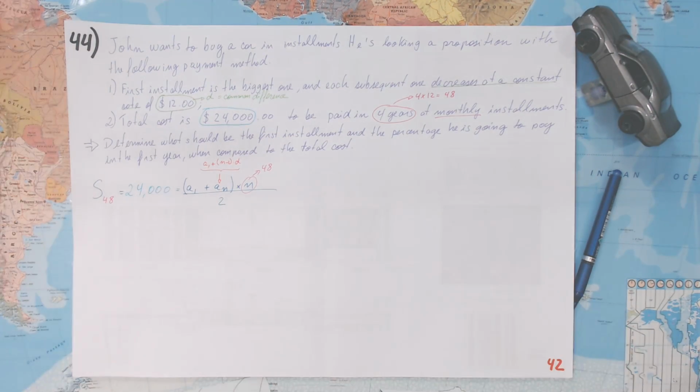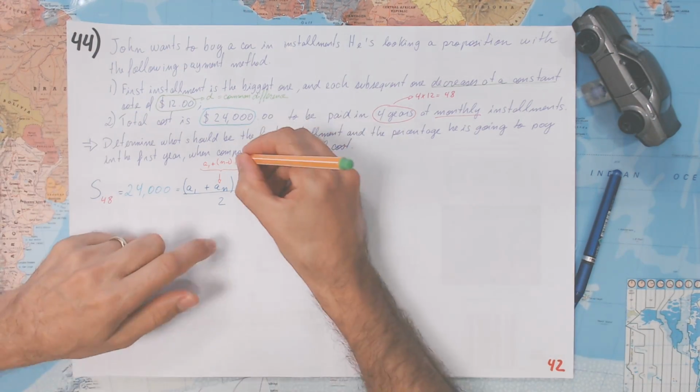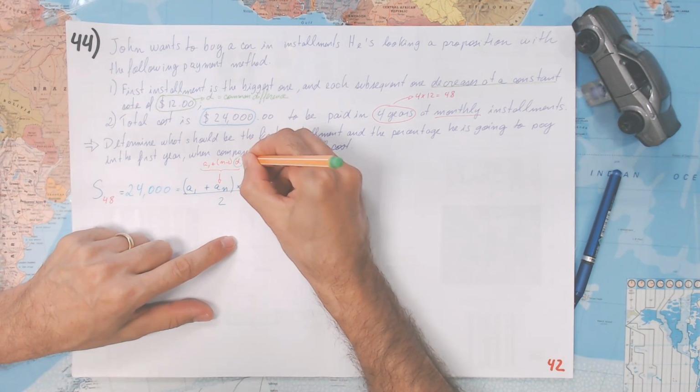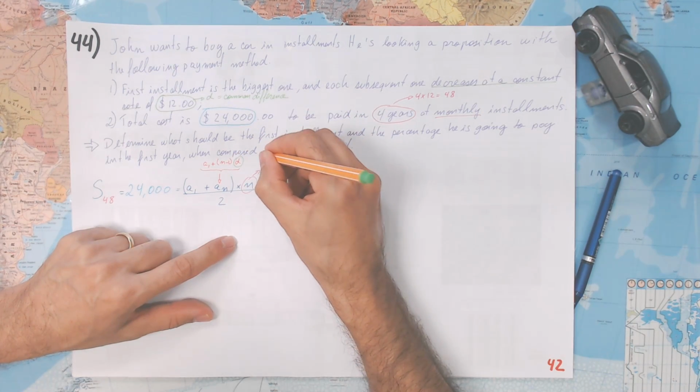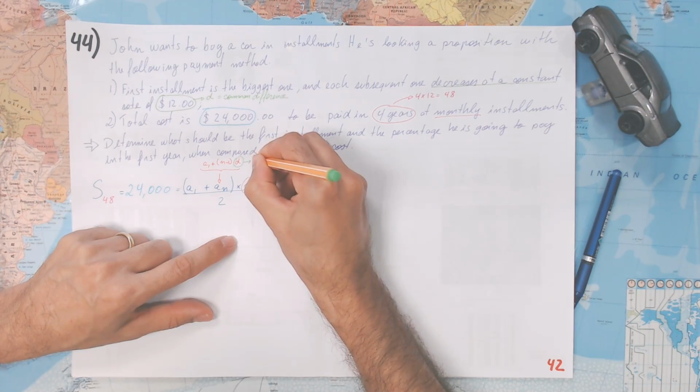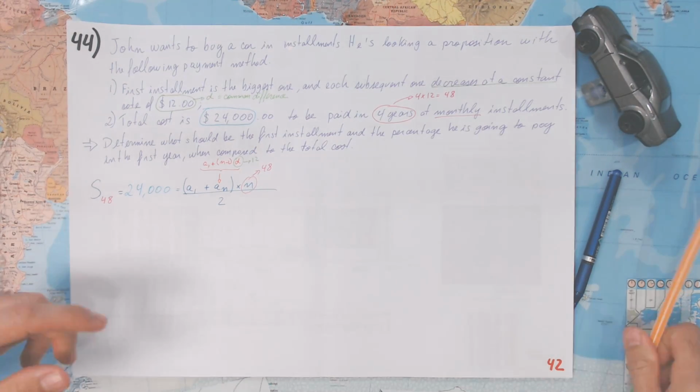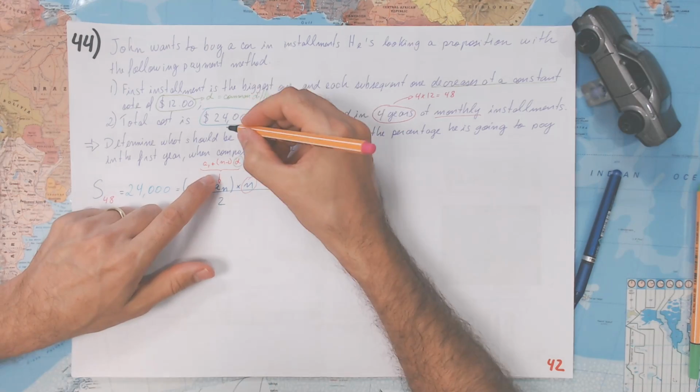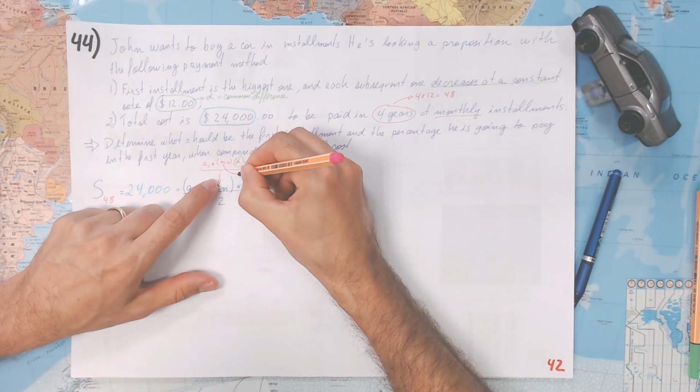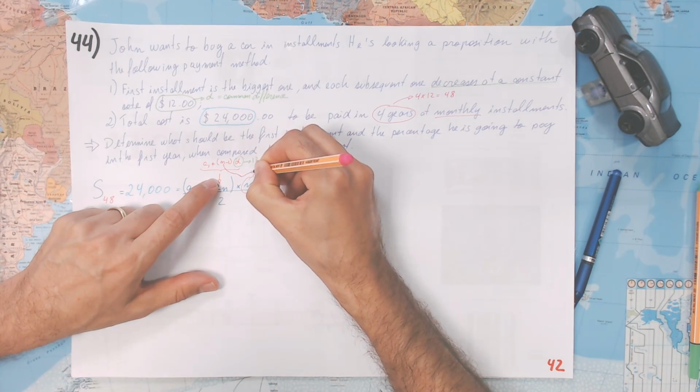We know d, right? d is just 12. What else? We know n, and it is just 48, like this.